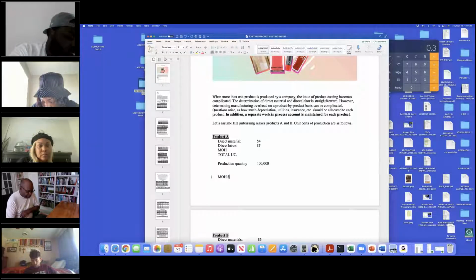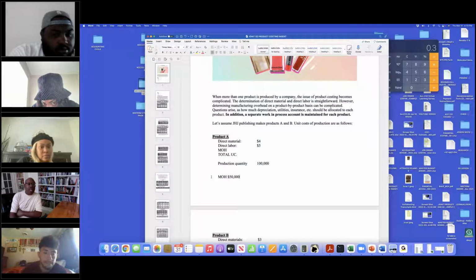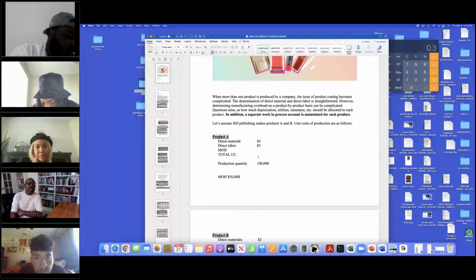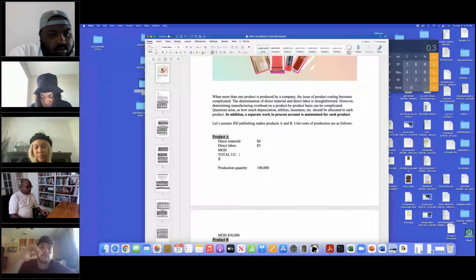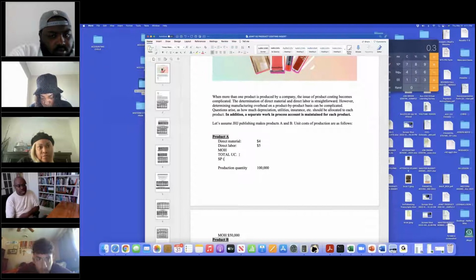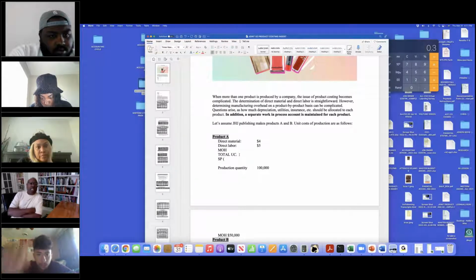Based on your marvelous work in product costing, what would be the total unit cost if we just were making product A, and then what is the selling price if the selling price multiple is 2? So I want the unit cost, total unit cost, and selling price if the selling price multiple is 2.